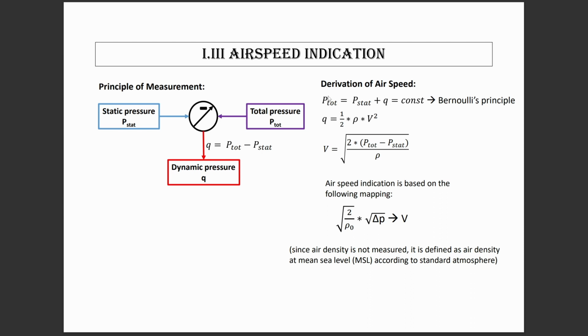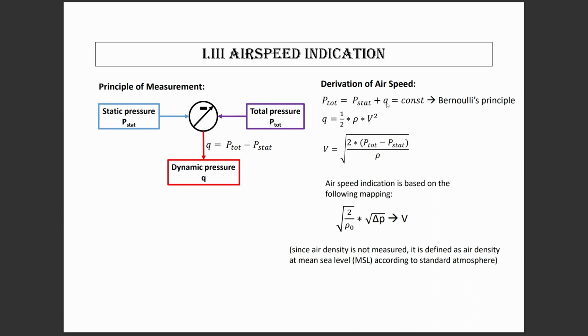Bernoulli's principle states that the total pressure along a streamline, so imagine we're flying at constant altitude, in a constant direction along this streamline, our static pressure and our dynamic pressure that in sum yield our total pressure is constant.